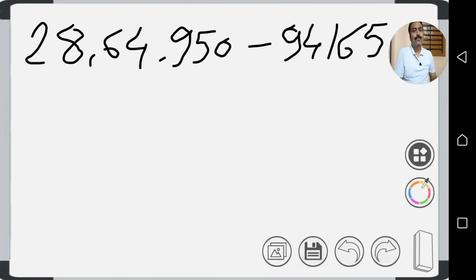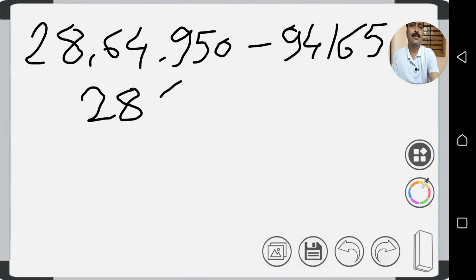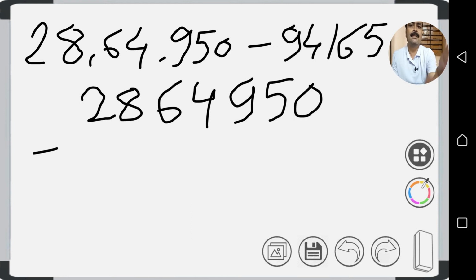Now first we want to make out the vertical arrangement here. So first number here I am put down in this way, 28,64,950 minus.